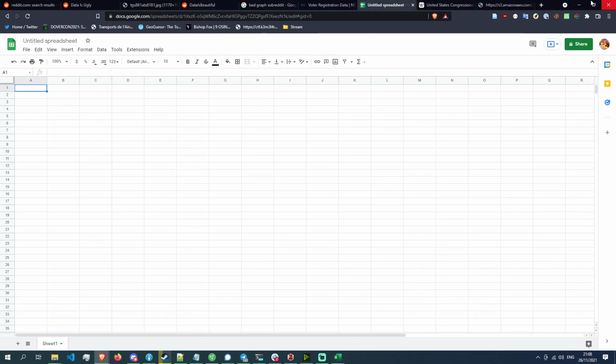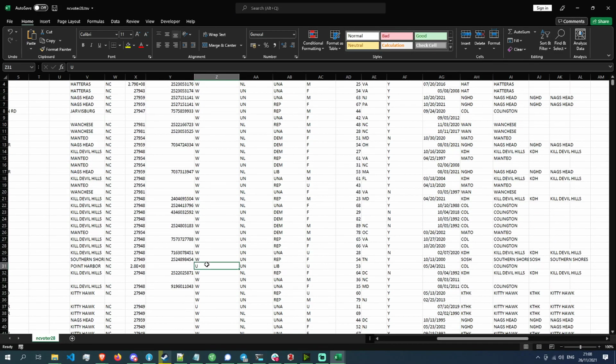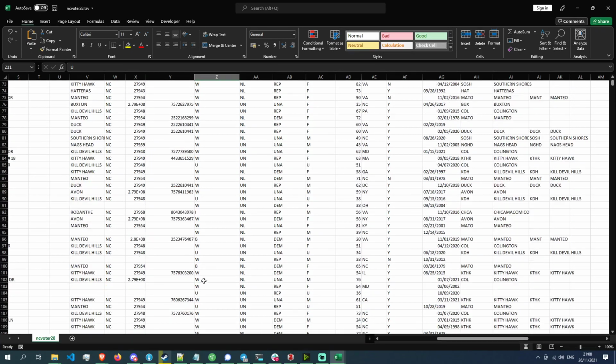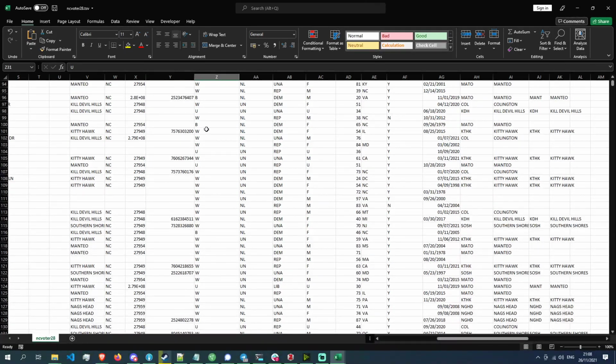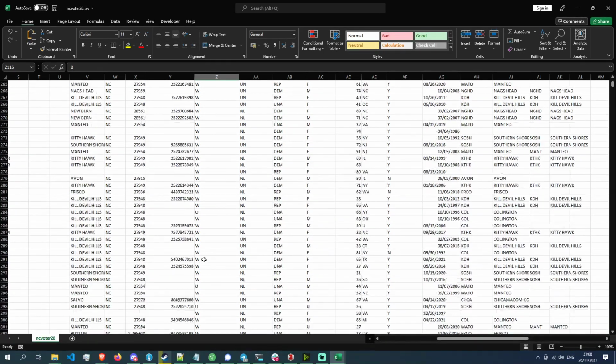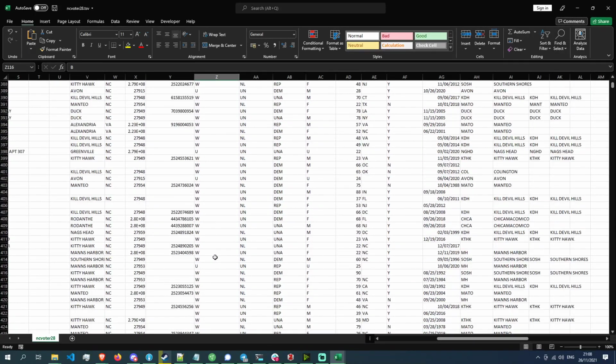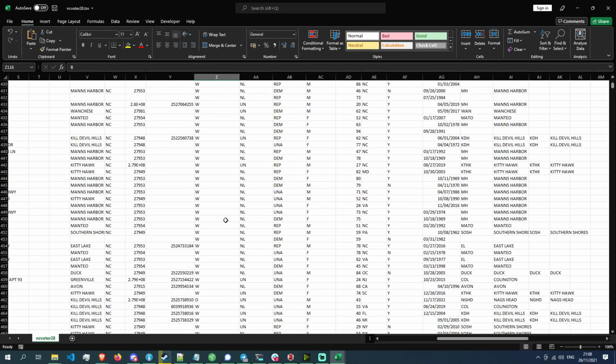So if we go back to our data here, we have people that are white, people that are undesignated, and you have people that are Black here. I wanted to find at least someone of Indian descent, but oh, other.